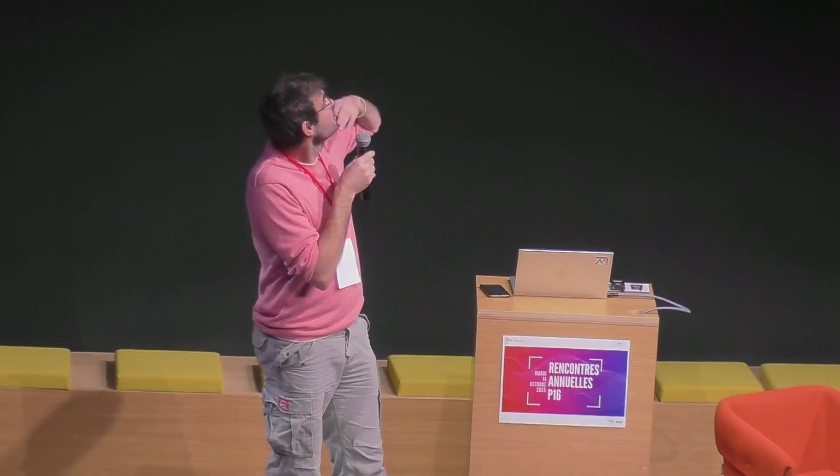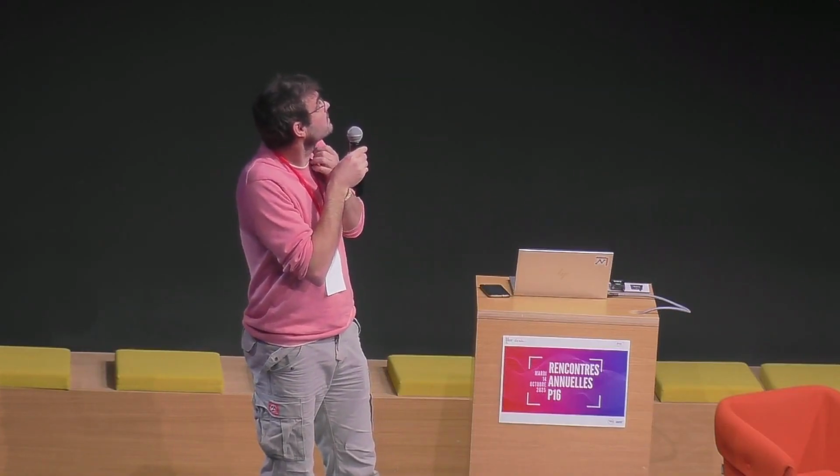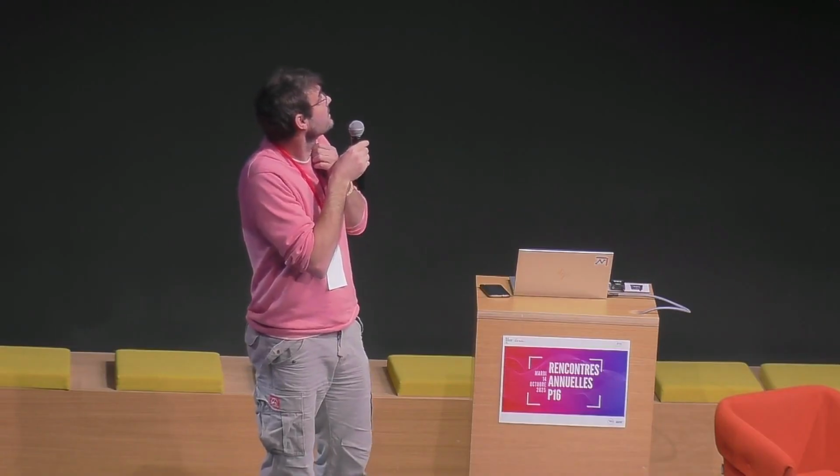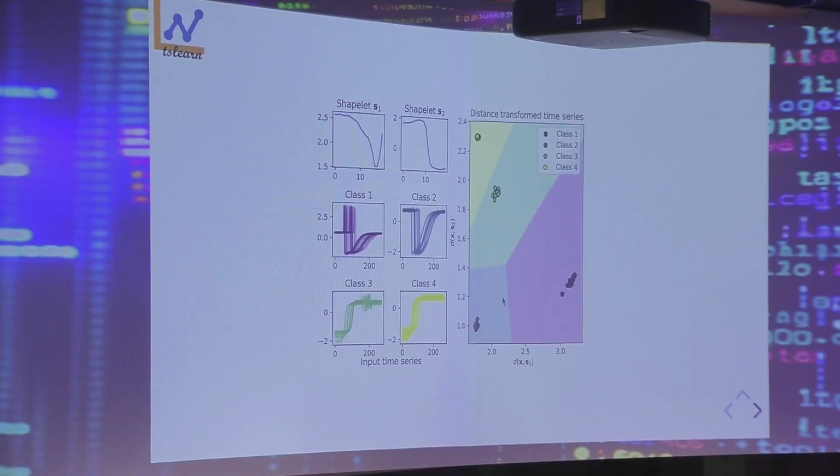Just showing some results here and a visualization with the two shapelets that were learned on the top left, the classes and the classification boundaries, just to see that it works great. And as I said, I've been working on this, and I've added support for variable length time series. So that's cool.